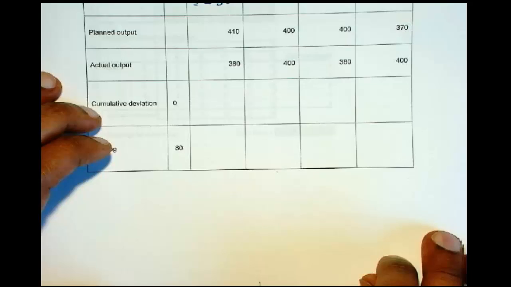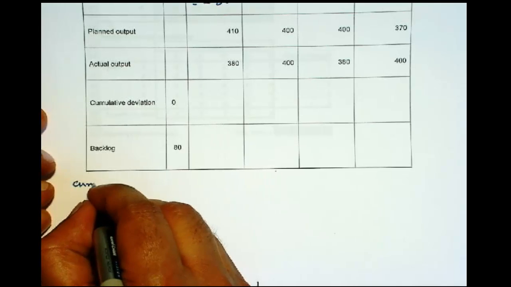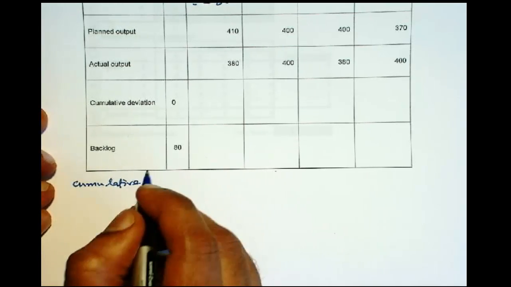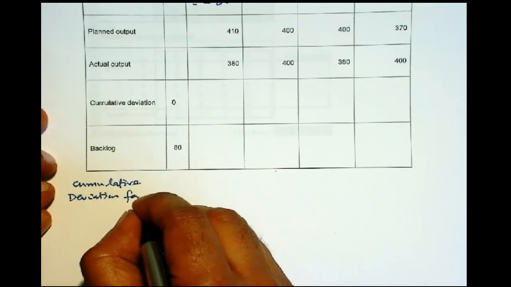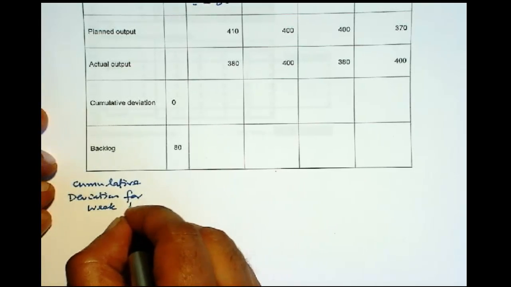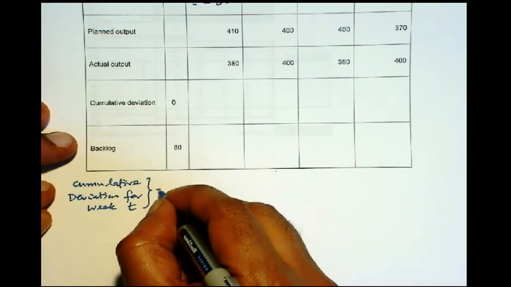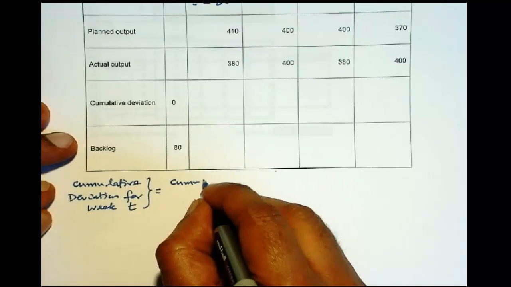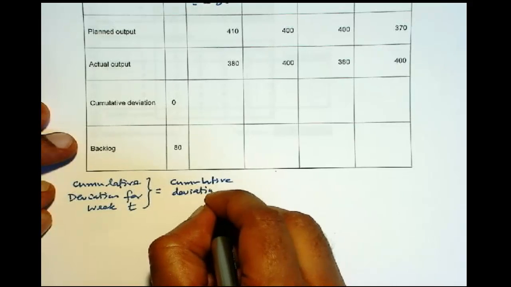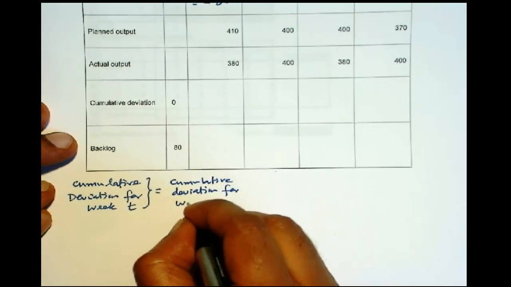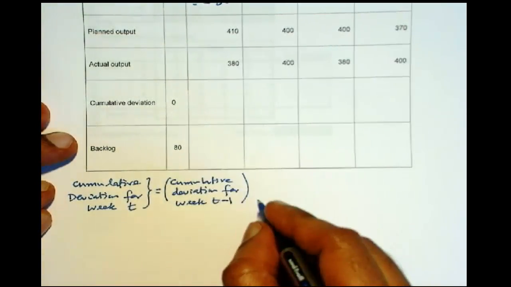Let me write a small formula for this. We have the cumulative deviation for week T, for example, equal to the cumulative deviation for week T minus 1, that is the previous cumulative deviation.